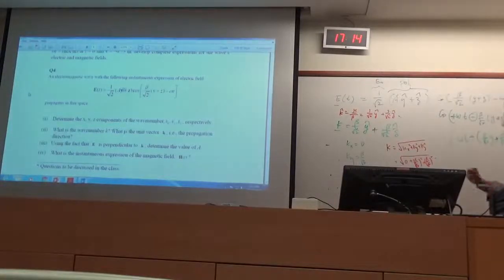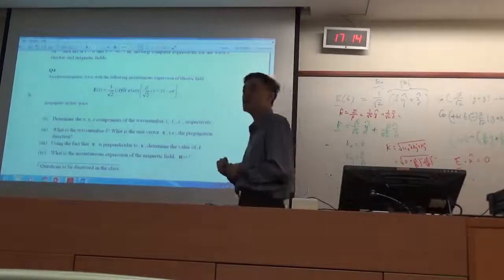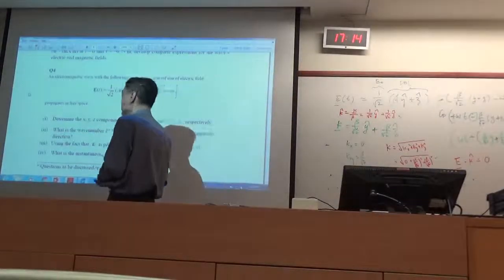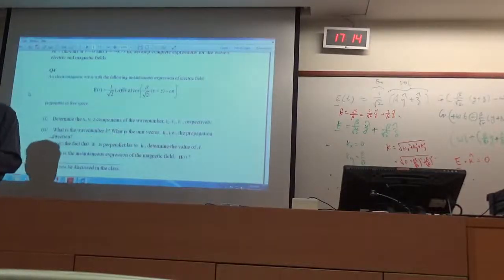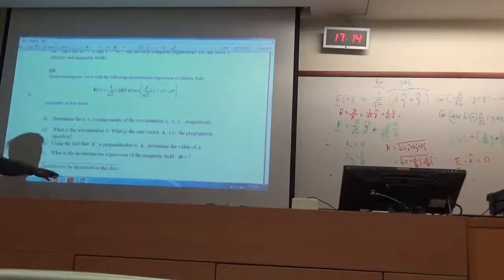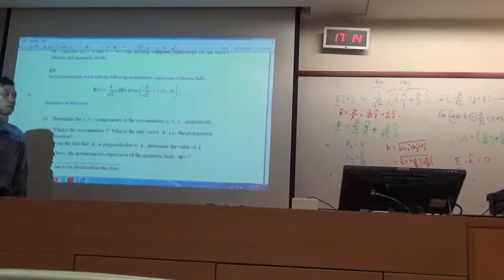What it means is that E dot K must be equal to 0. That's what they're trying to say. E dot K must be equal to 0, because it's perpendicular. Perpendicular means that the dot product is equal to 0.